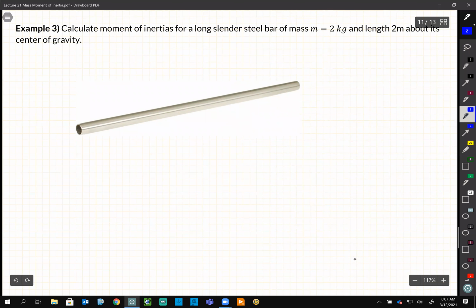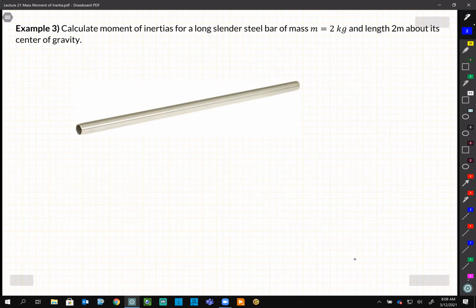This simply asks to find the mass moment of inertia about its center, and it is a slender bar.